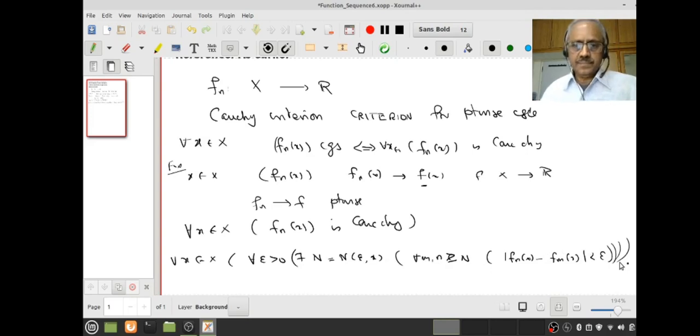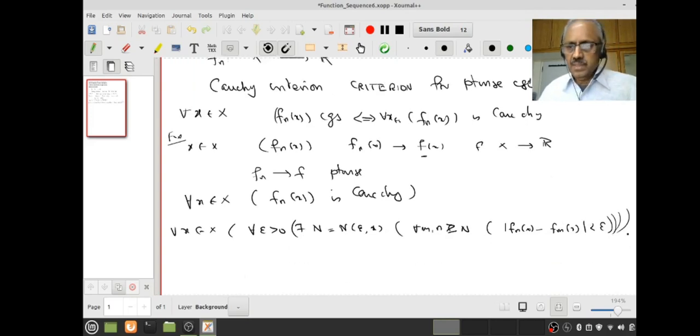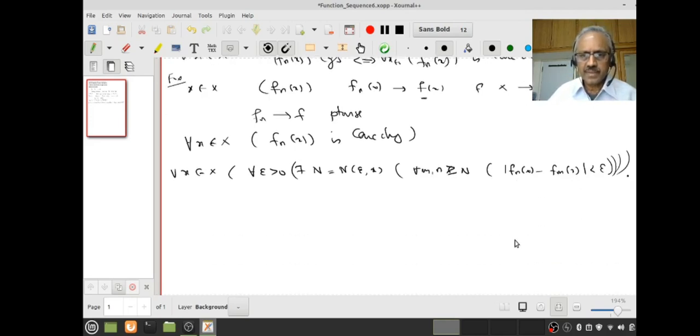Is that clear? After fixing x, you want to say fn(x) is Cauchy. What is the definition? For any given epsilon, there is a natural number N, so that for every m and n greater than or equal to N, the mth term and nth term are at a distance at most epsilon. That's what you have done.